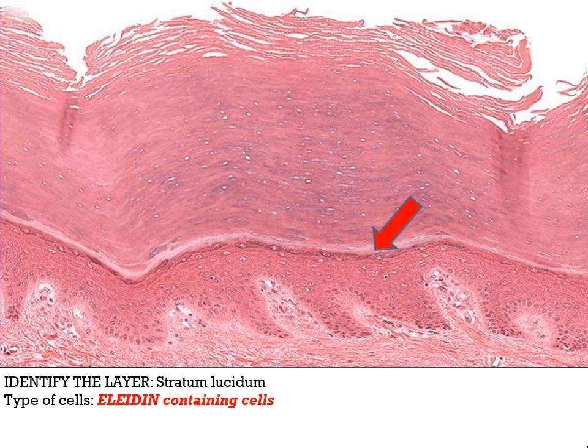Next layer is stratum lucidum. Lucidum means clear or white. Kaya ito yung appearance nila under microscope. And in this layer, it contains what we call eleidin-containing cells.